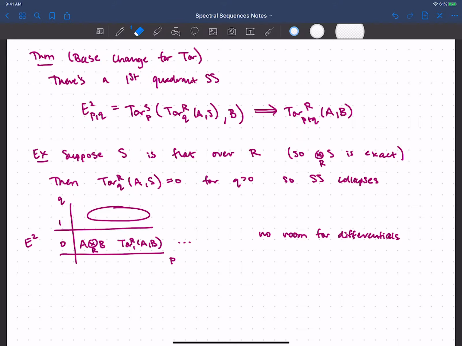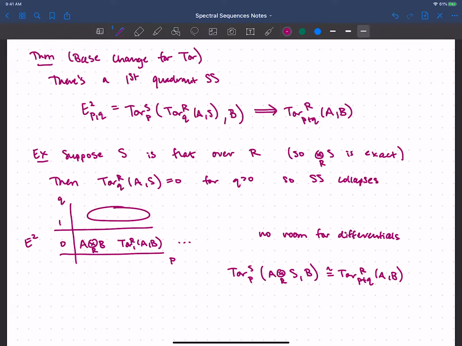And what we learn then is that by plugging these things in, if we look at Tor over S in degree p of A tensor over R with S, with B, then we immediately just get the Tor for the composition. So all I'm saying is that for the spectral sequence, there's not much there.